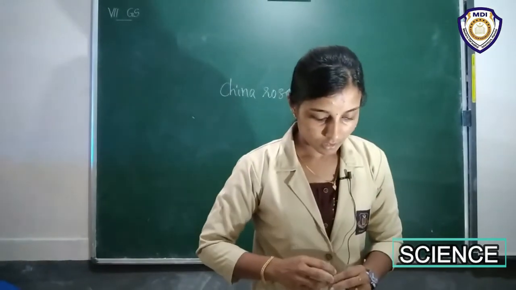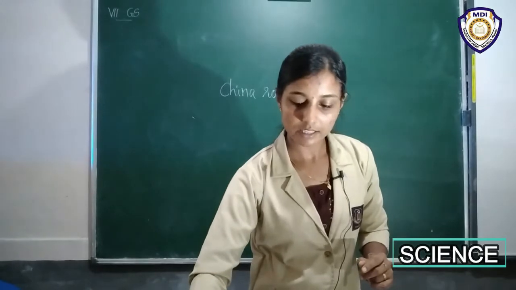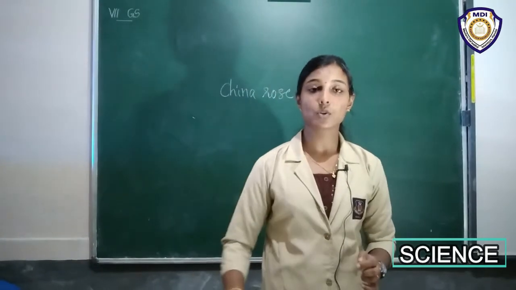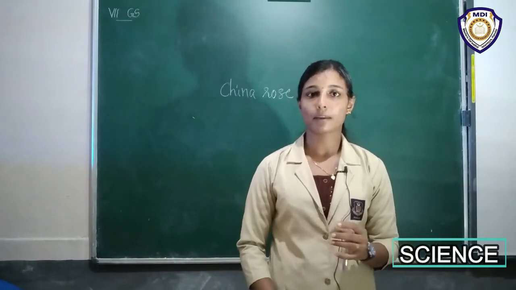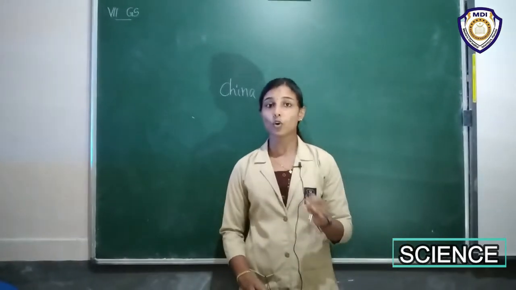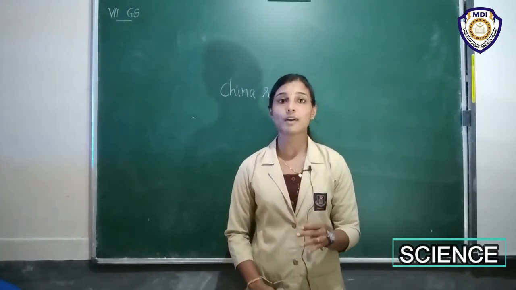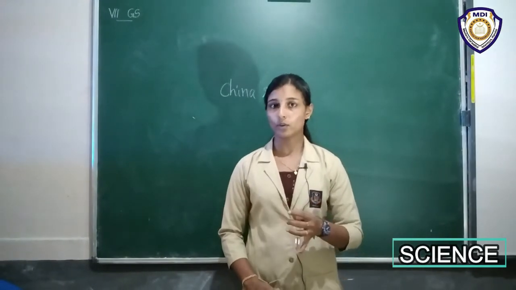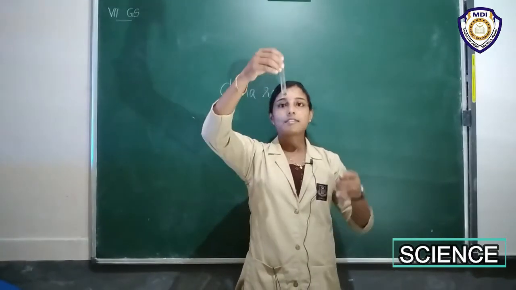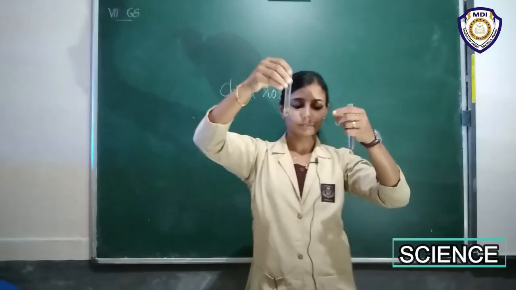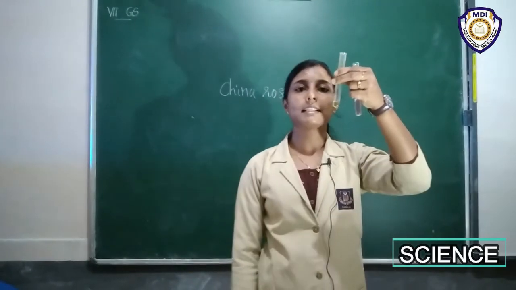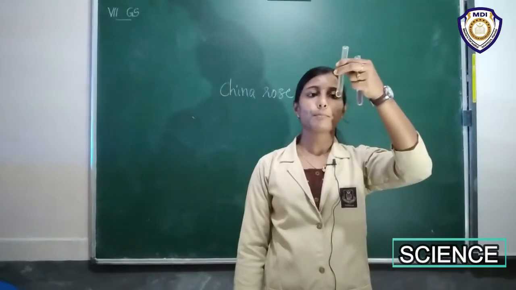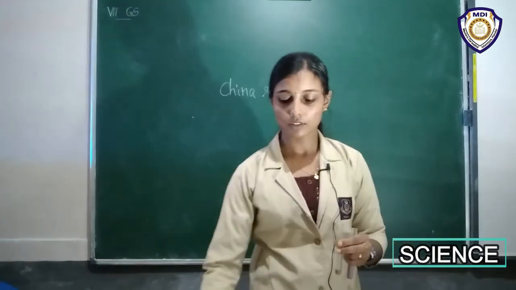So that is how the China rose indicator indicates whether it is an acid. Whether it is acid or base, we have to find the color change of the base also. The solution will turn blue in color for a base.